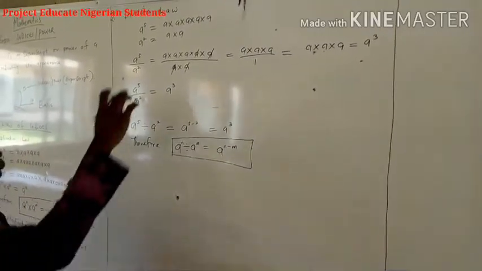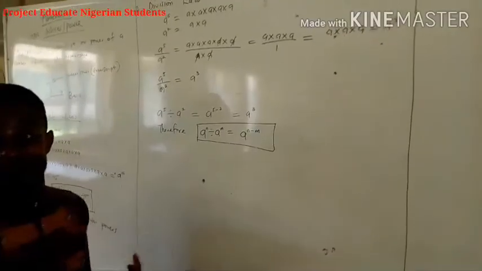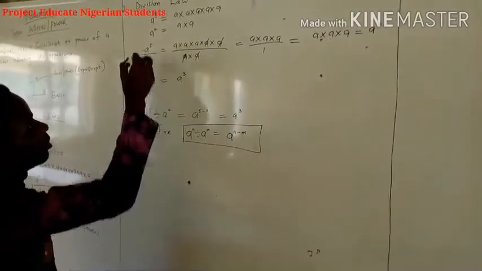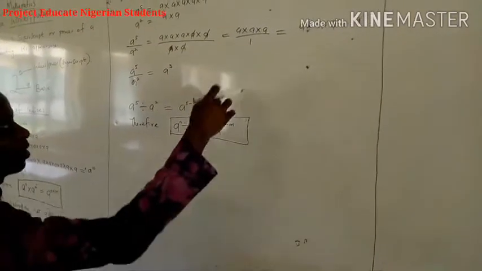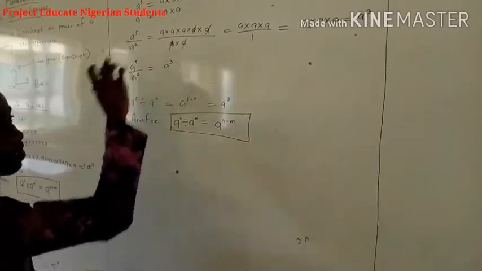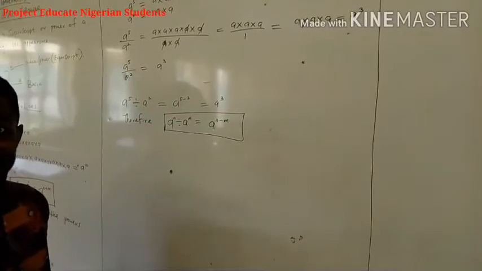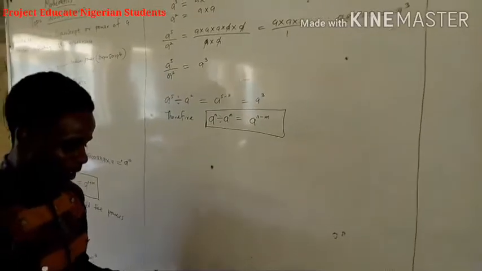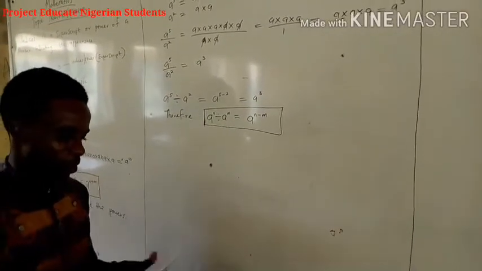Okay, so why I explain this one is just to know that this here and this here are the same thing. This is a division sign and this also is a division sign. Okay, so if you watch, the answers are the same. The numbers we use here are the same. So preferably we use this formula to get our answer easier. Okay, so let's take an example so we'll see what we are talking about.